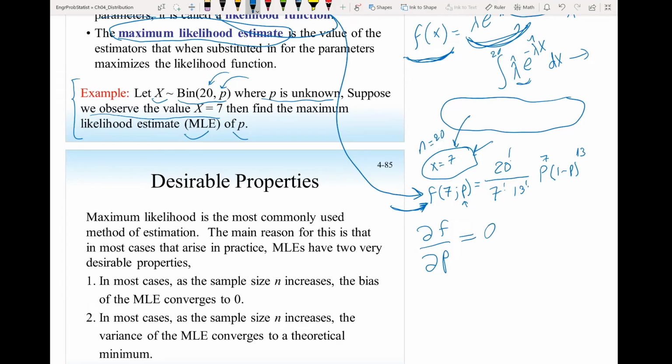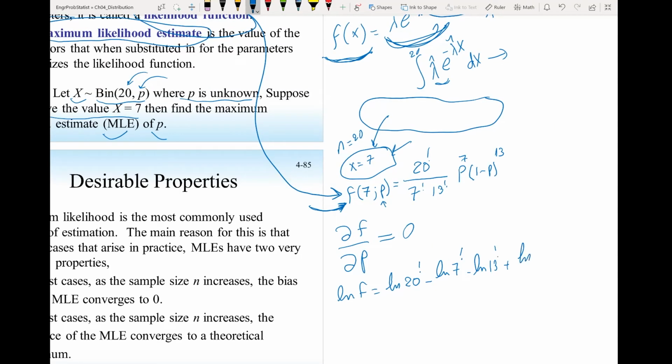Before we do that, let's take the natural log of both sides because it will simplify the derivative. So if I take the natural log of f, this will be the natural log of 20 factorial minus the natural log of 7 factorial minus the natural log of 13 factorial plus the natural log of p to the 7 plus the natural log of 1 minus p to the 13.